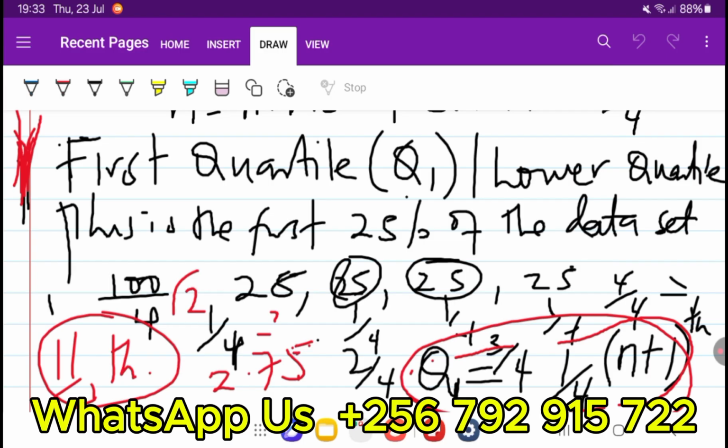We are going to have a look at some numbers so that we can see exactly what we are talking about.